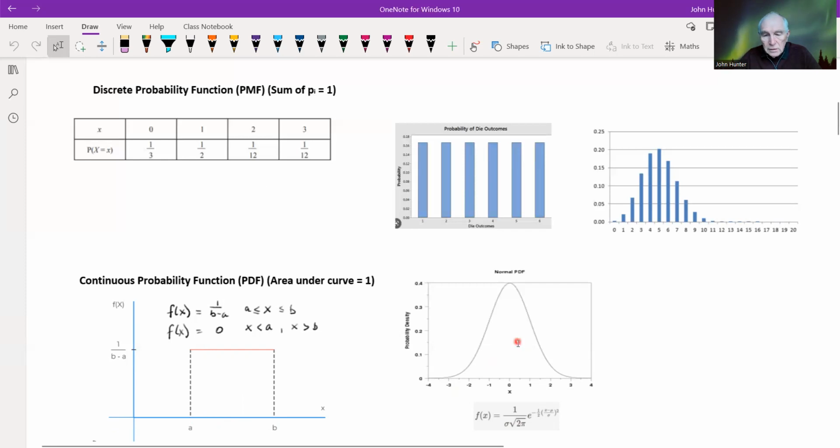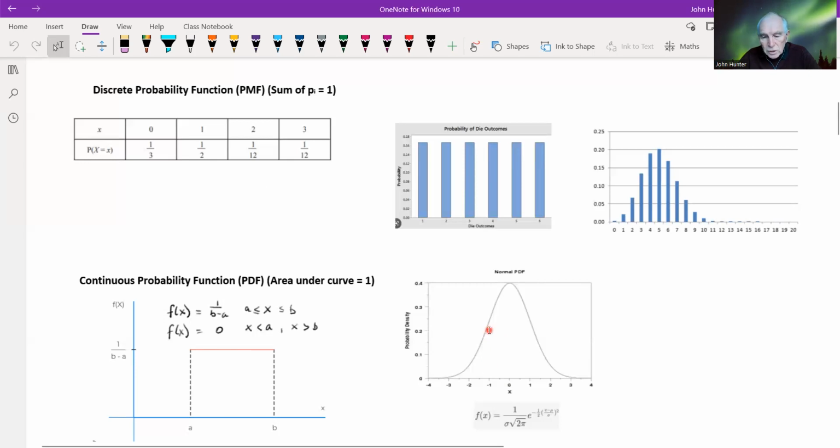And here's another one. Now this one is going to come up. You're going to see this one over and over again in this probability functions section. This is a normal probability function. And here it's what we call standard, because it's got a mean of 0 in the middle.